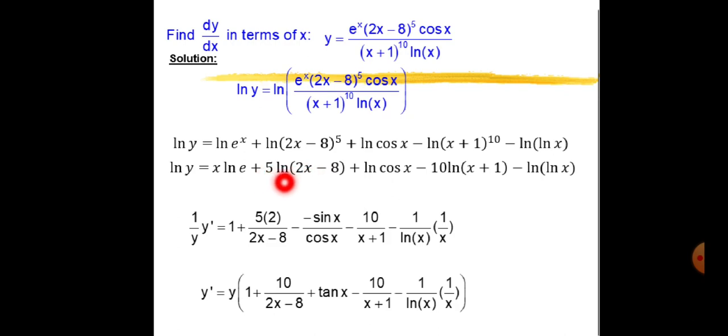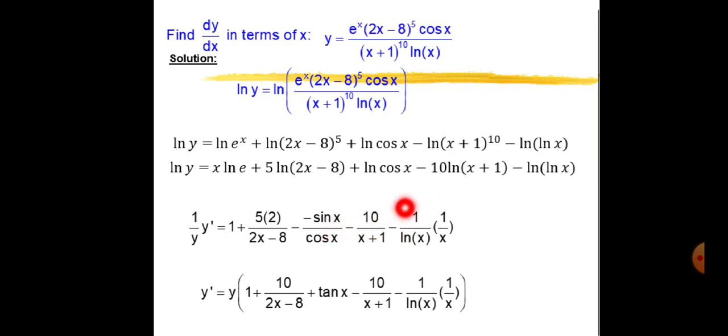Ln u is u prime over u, so you have to copy and paste the 2x minus 8 down and find the derivative of this. The derivative of 2x minus 8 is 2. Plus ln cosine, ln u prime over u. You have to copy and paste this term here, and its derivative must be written above.